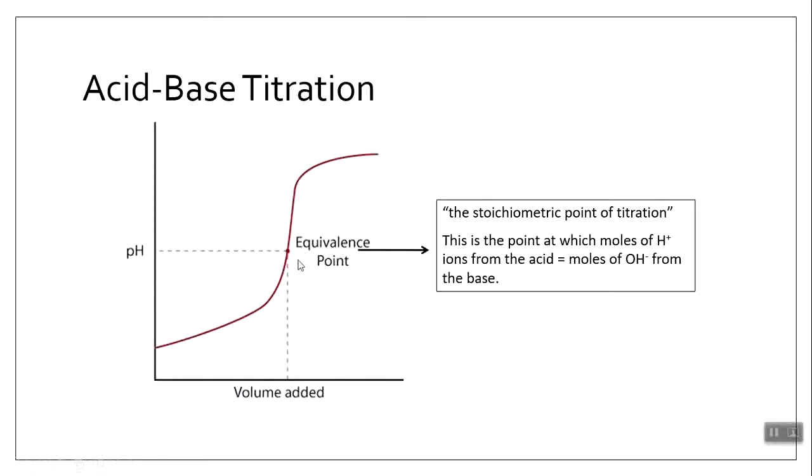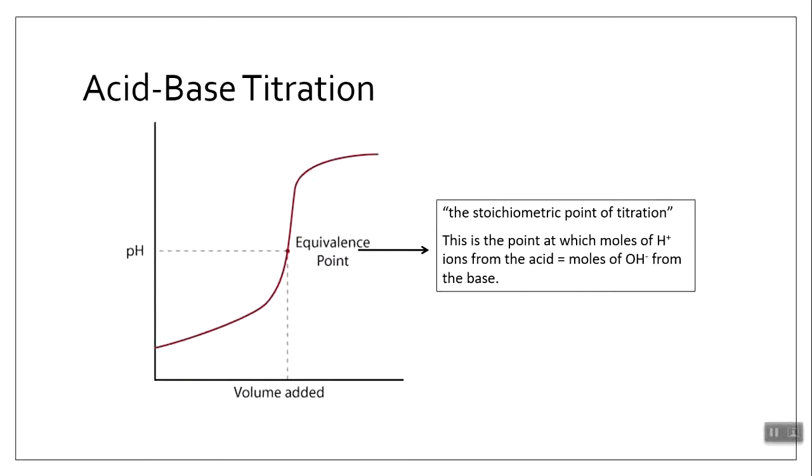So at this point here, this is called the equivalence point. The end point in the titration is telling us when to stop our titration, so we're looking for the color change, which is called the end point. On the graph, this is called an equivalence point. And the equivalence point, by definition, is the point at which moles of hydrogen ions from the acid is equal to the moles of hydroxide ions from the base.